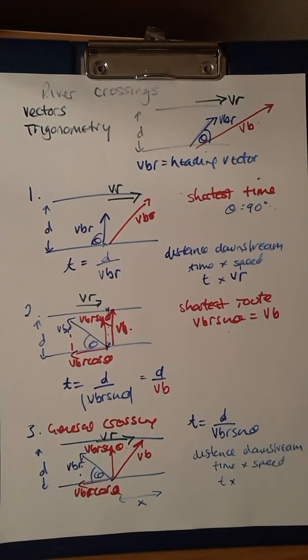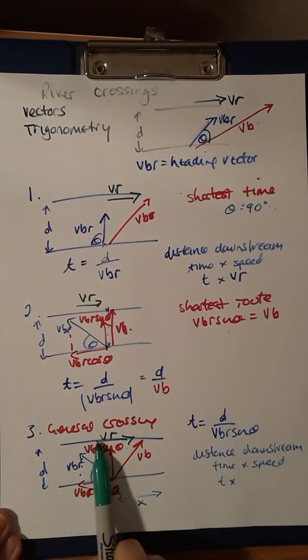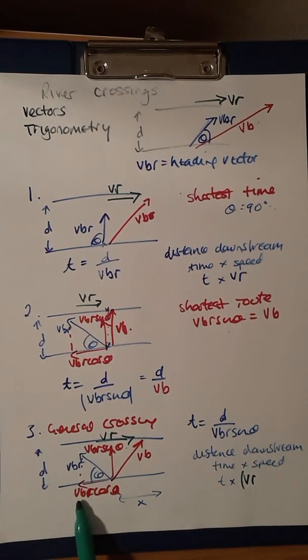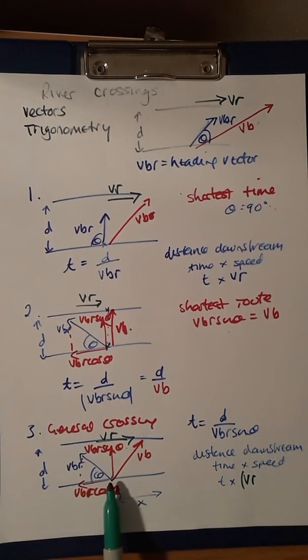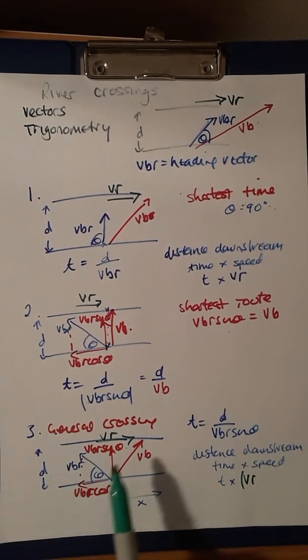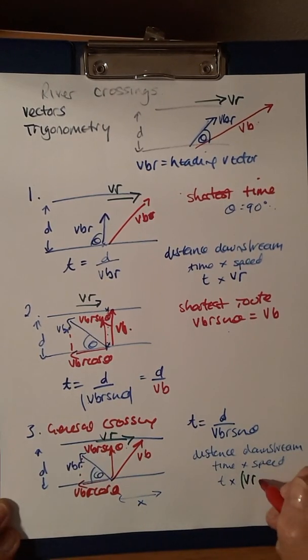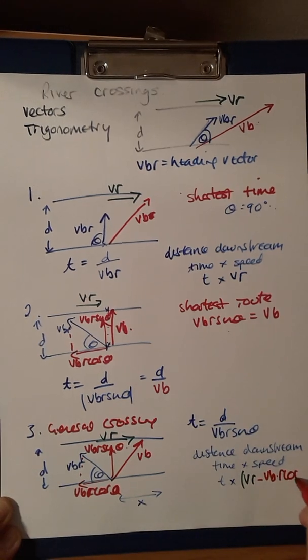Okay, so which vector took me down the river? I have this one here, VR. However, this VBR cos theta is going in the opposite direction. So it's pushing you upstream and this is pushing you downstream. So you're going to have to take that into consideration and subtract it from the VR. So that's going to be VR minus VBR cos theta.